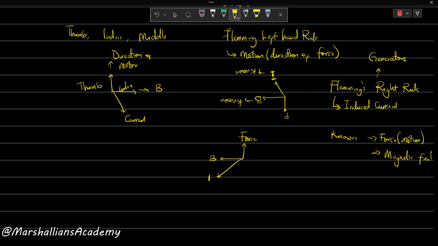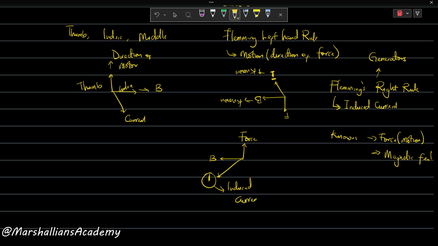Still FBI we are going to be applying. But don't forget, we are not trying to find the motion because we know the motion already. We know the direction of force and the direction of the magnetic field. What we are trying to find is the induced current.